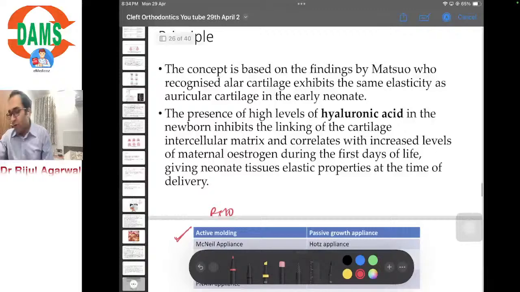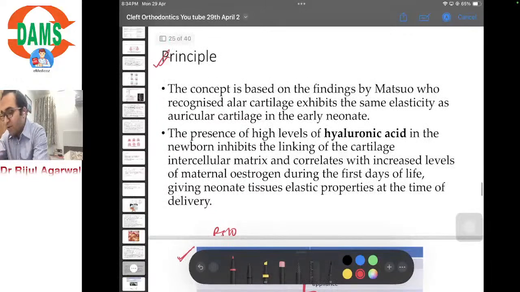The next important point is the principle on which it's based. So what is the principle? It is said that there are high levels of hyaluronic acid in newborns which link the cartilage. Because of this, it's easier to mold the infant's tissue at this age because of the inherent elasticity of the cartilage.